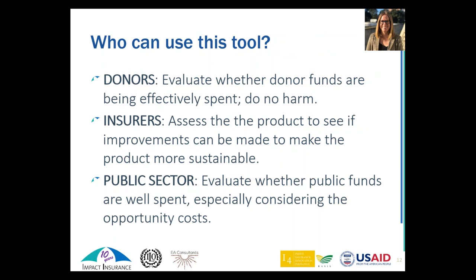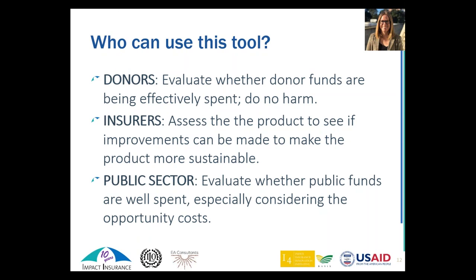And in line with this, as Pranav alluded to as well, there are multiple people who have a strong stake outside of the farmer in making sure that value is maintained. Donors, to evaluate whether donor funds are being effectively spent and to ensure that at a minimum they're doing no harm, they're not making farmers worse off.